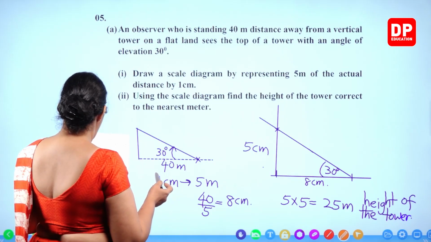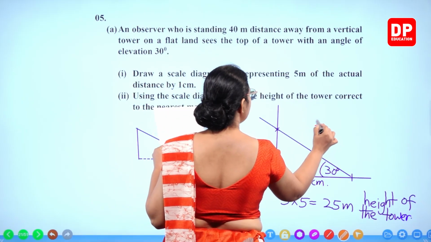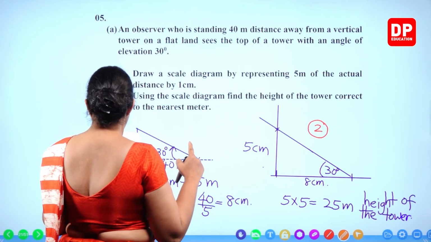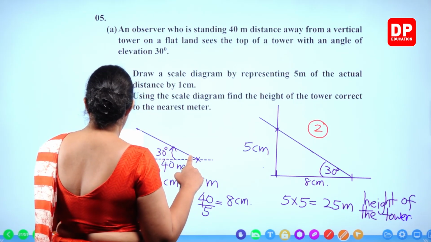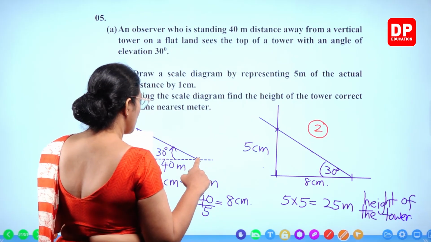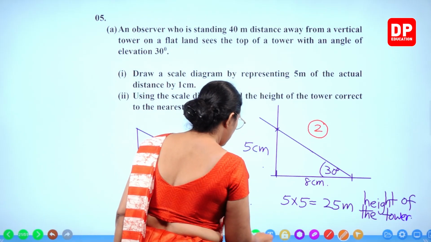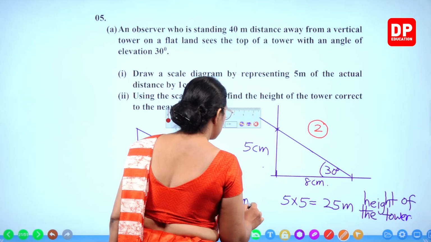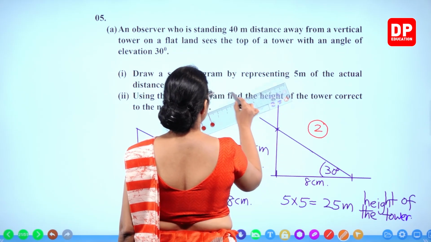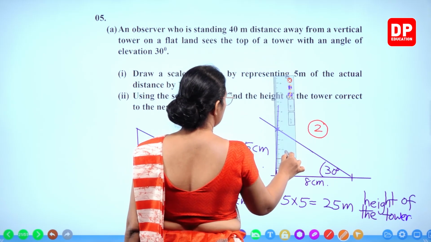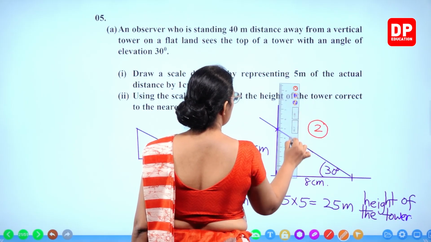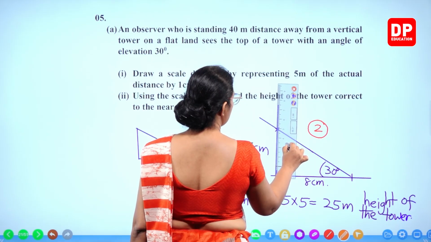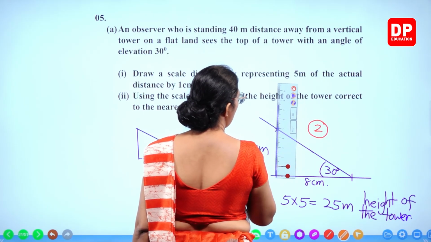You are getting 2 marks for the scale diagram and finding the height you are getting 2 marks. So here we'll check whether the value is correct. I'm getting 5 centimeters.